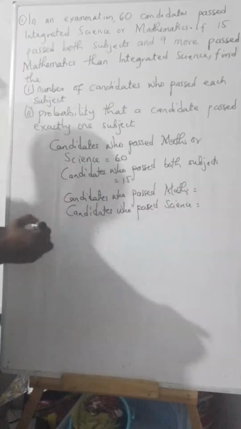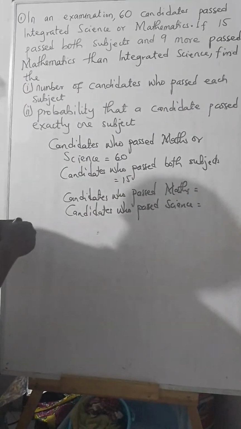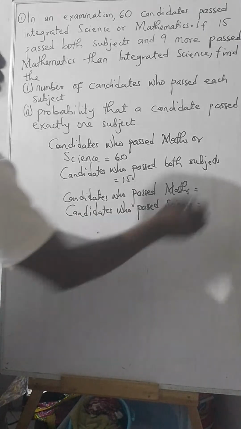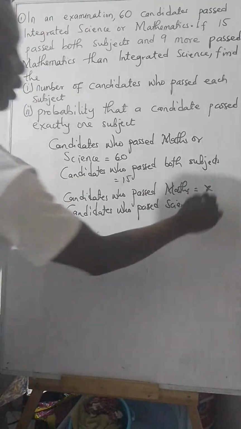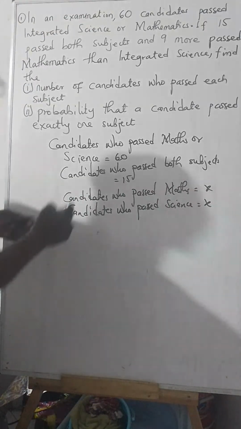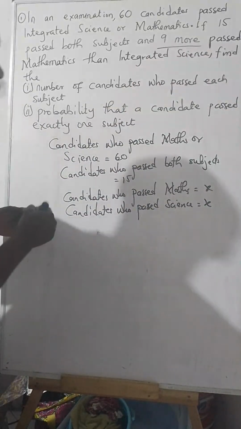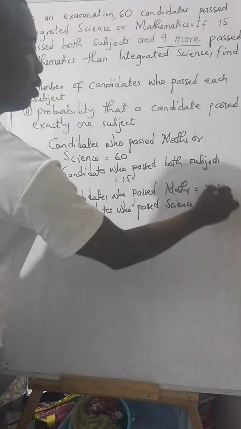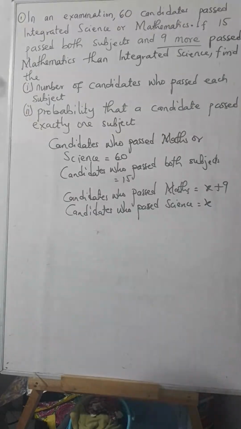Were not given for that, but we are given a statement that 9 more pass maths than science. So maths is unknown and science we don't know, but we are told 9 more passed maths than integrated science, so we need to add 9 to the maths.